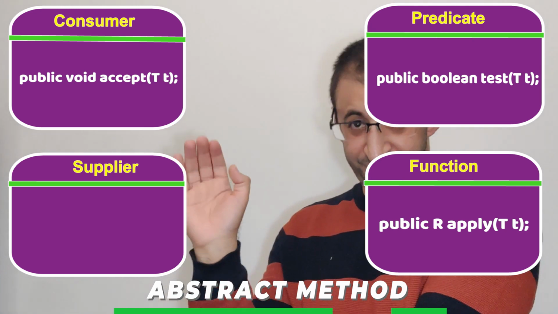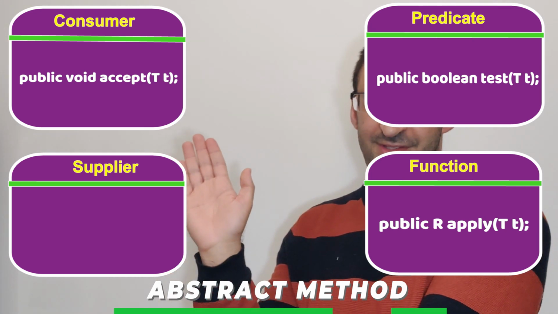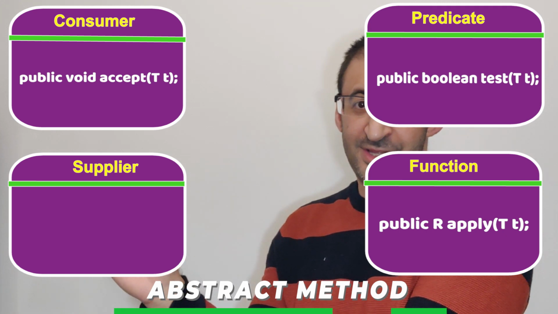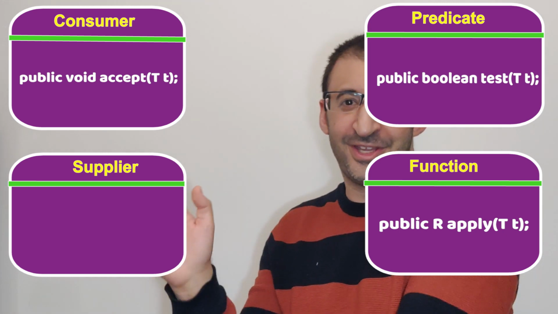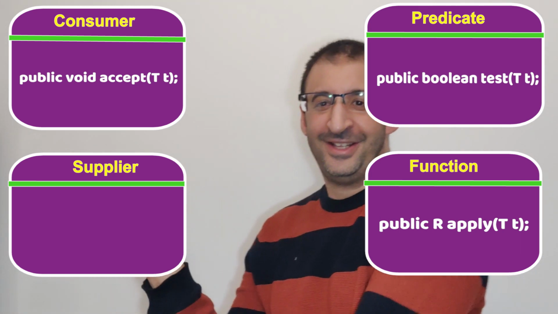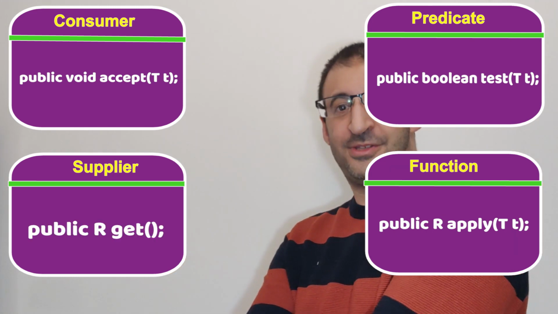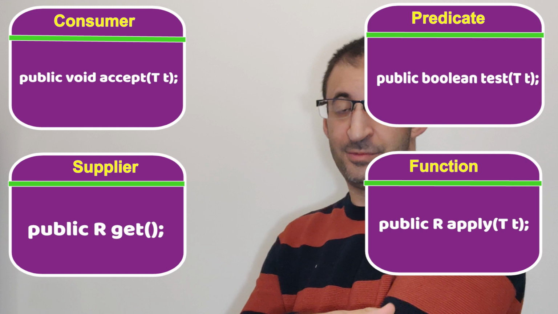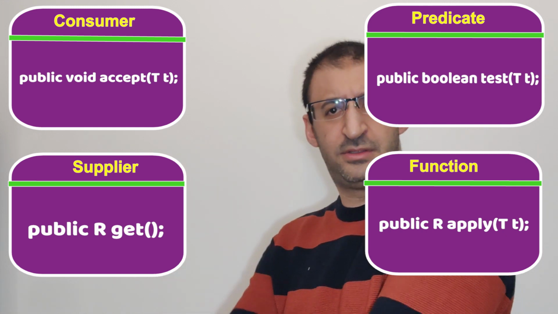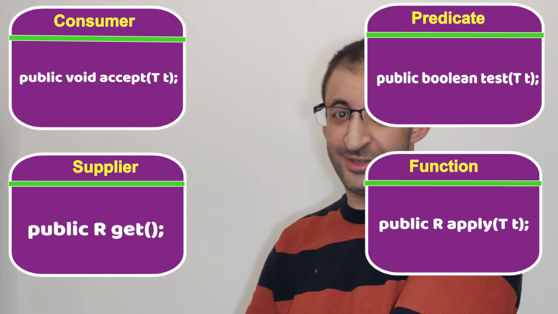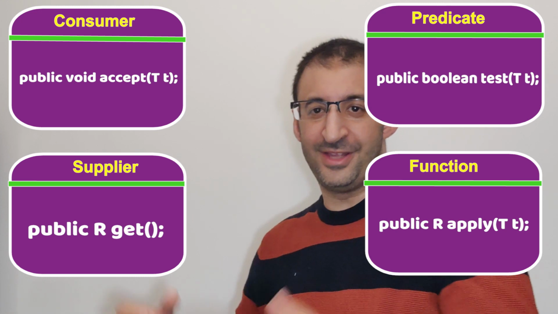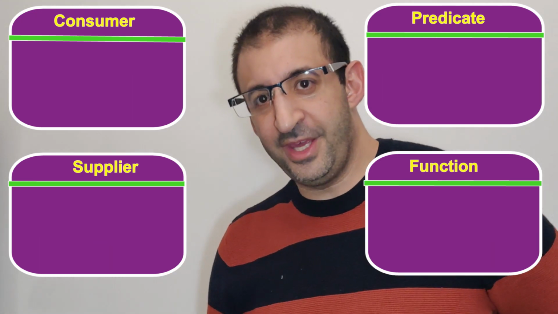It has a T-type input value, but it returns nothing, void. For Supplier, the abstract method is get, without any input value, but it returns R, any type of value.